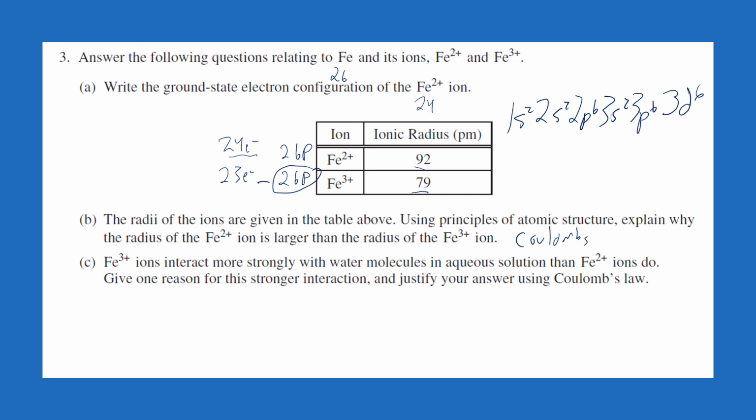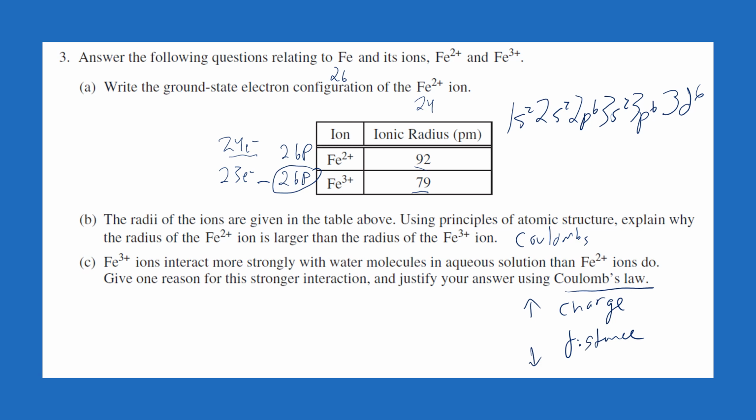Now for part C, the iron 3+ ions interact more strongly with water molecules than the iron 2+ ions do. Give one reason for the stronger interaction and justify your answer using Coulomb's law. Coulomb's law, remember, is based off of 2 things, charge and distance. So a higher charge and a smaller distance will indicate stronger Coulombic attractions. And so they have roughly the same distance.